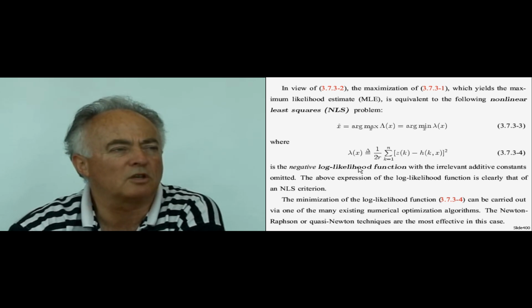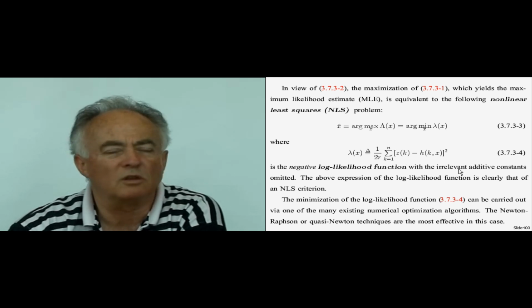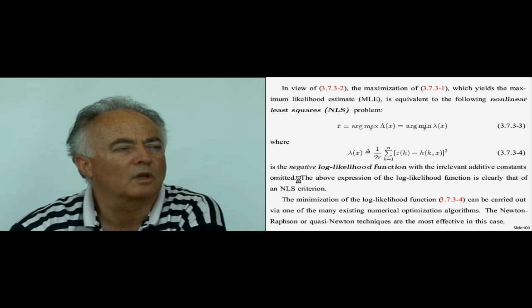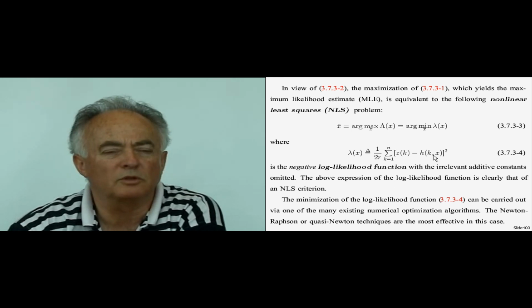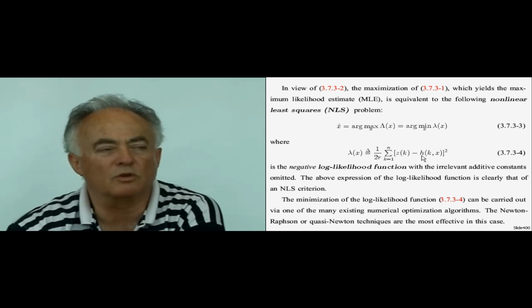So it is the negative log likelihood function, and the irrelevant additive constants obviously have been left out. And clearly this is least squares but nonlinear because the function h is nonlinear.